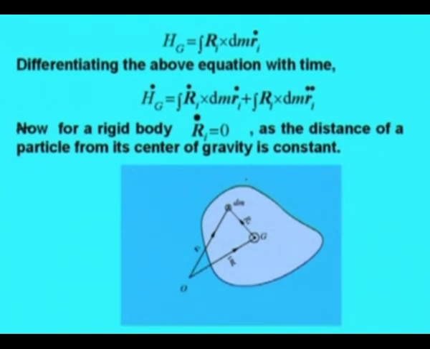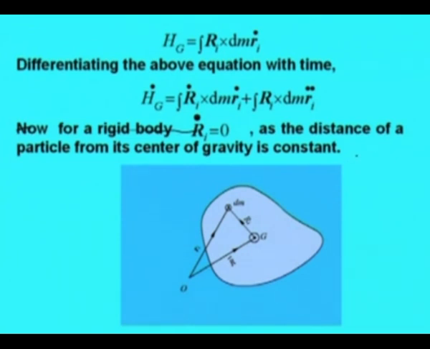However, if the body is doing rotation, in that case Ri dot need not be 0, but it can be very easily shown that actually this first term, that means Ri dot cross dm ri dot, will be equal to 0 and only the second term will remain.